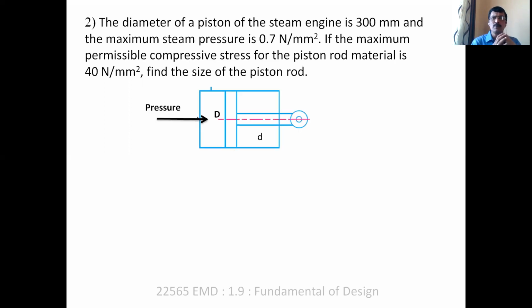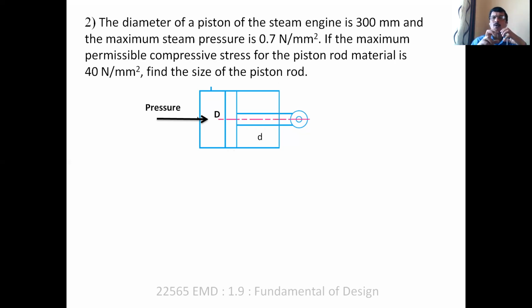Now look at this particular figure. In that figure, you will find that there is a bigger diameter D as a piston and a smaller diameter d as a piston rod. So the bigger diameter D is given as 300 mm in our statement of the problem. It is subjected to steam pressure.